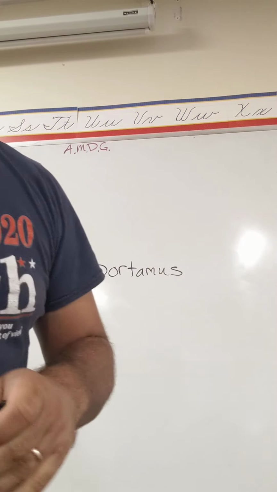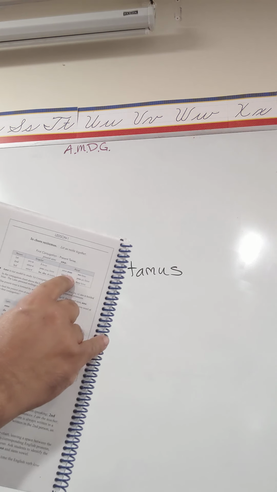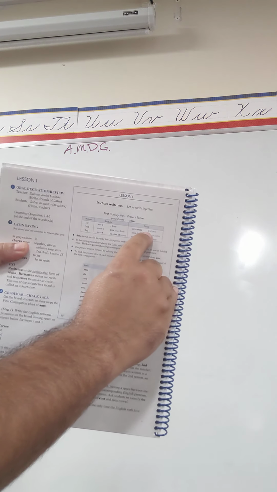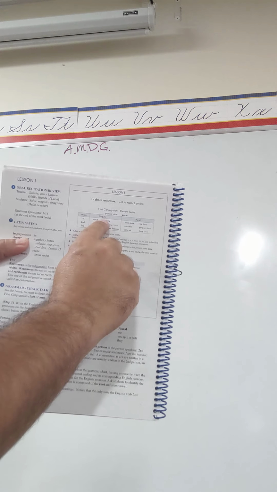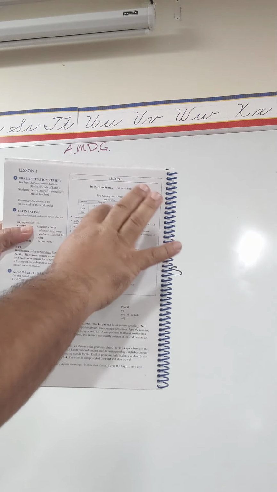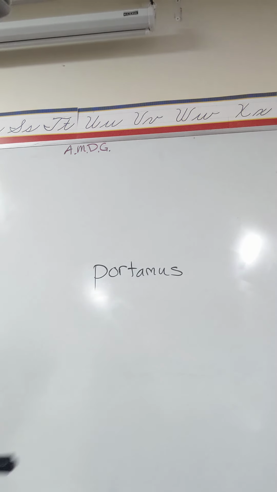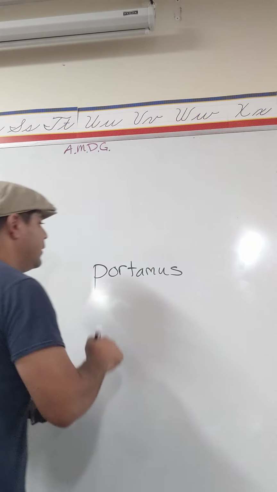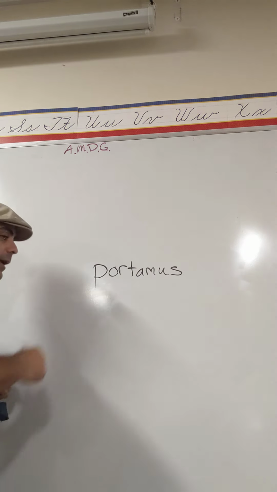Now, if you ever get confused, you can always look. It always has it right here. It always has the pronouns. We, you, they, I, you, he, she, or it. And they're always in this order, right? So portamus would be we, and then carry.